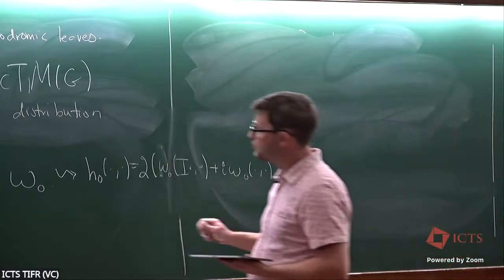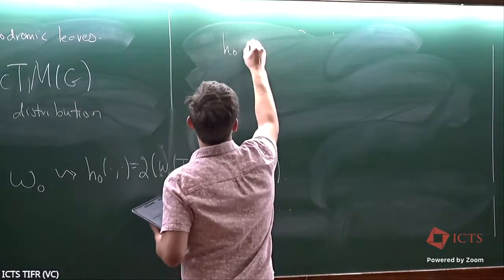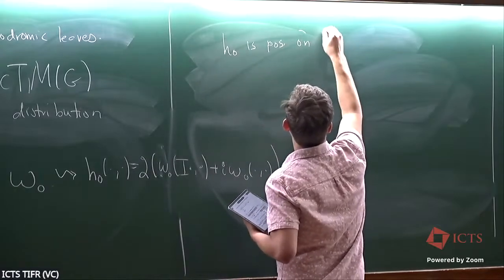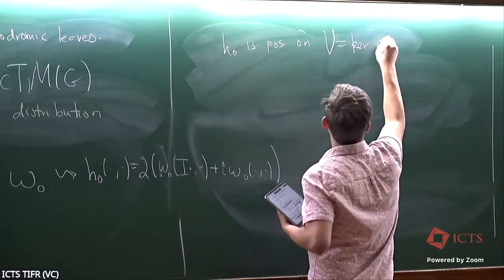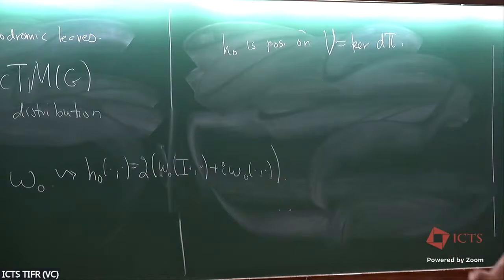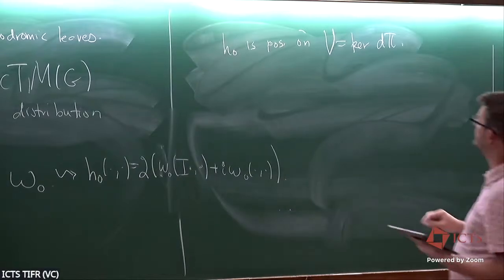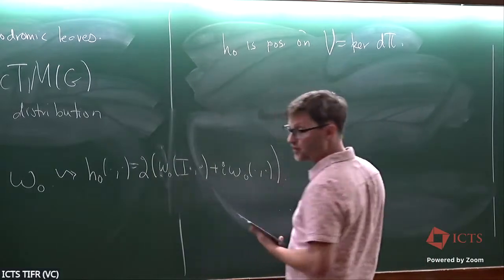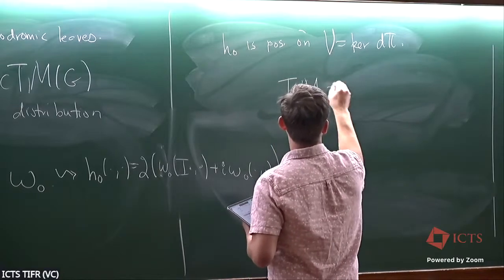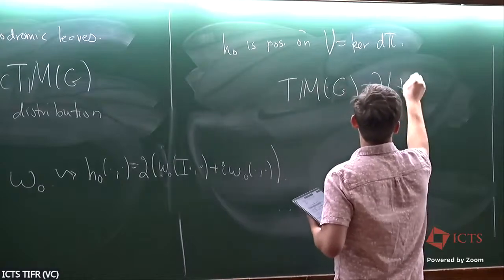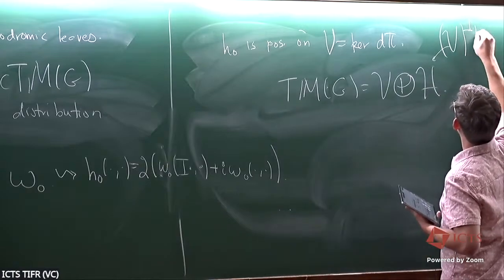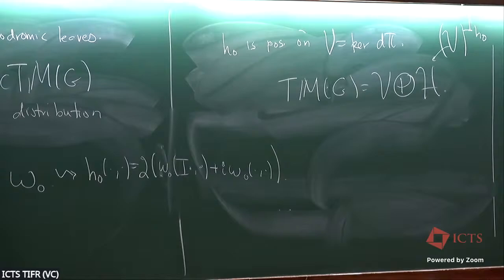Okay, good. So what do we know about H naught? H naught is positive on the fibers, because it's the Kähler metric associated to this Kähler form on the fibers. Since it's positive on the fibers, I can take its perp, the perp of the fiber directions. So I get a decomposition of my tangent bundle into the vertical space and the horizontal space, where the horizontal space is by definition the perp of the vertical space with respect to this Hermitian form.